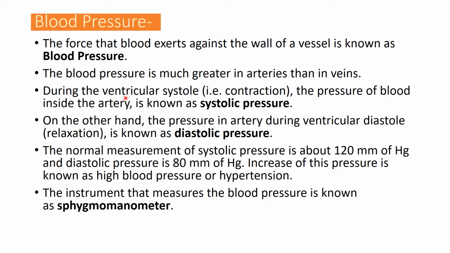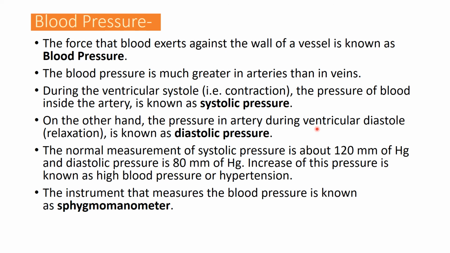During the ventricular systole, meaning at the time of contraction, the pressure of the blood inside the artery is known as systolic pressure. This name is from the word systole, because during the ventricular systole the pressure is there, that is why it is known as systolic pressure.